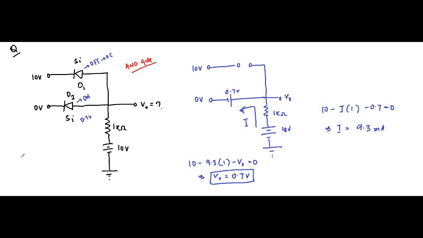Again, for simplicity, we will drop this built-in potential part, this 0.7 volt part, because it will unnecessarily lead to a lot of calculations. We'll assume that the diode is ideal. To simplify the discussion, ideal means when it is on, it is a short circuit, and when it is off, it is an open circuit.